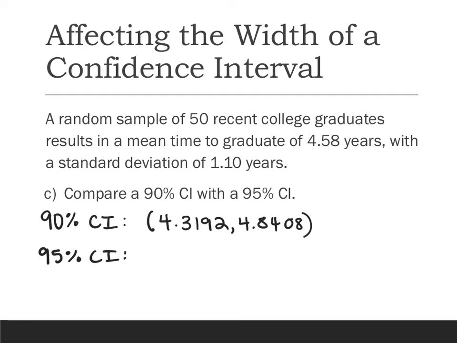So 90% confident sounds pretty good. That's a 10% chance, though, that you've got something wrong. And so 90% of the time, my interval is going to include the population mean, but 10% of the time it won't. I would like to have more confidence. So I'm going to be 95% confident.